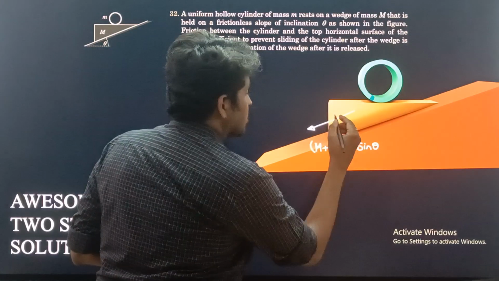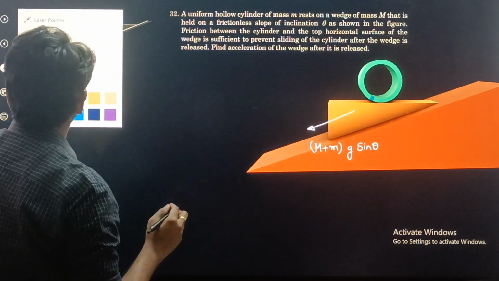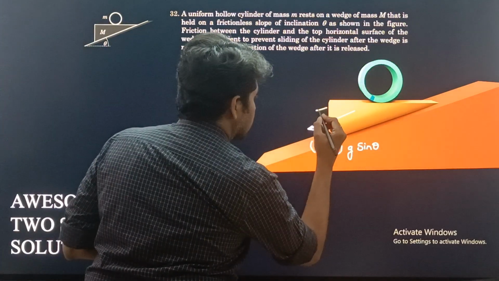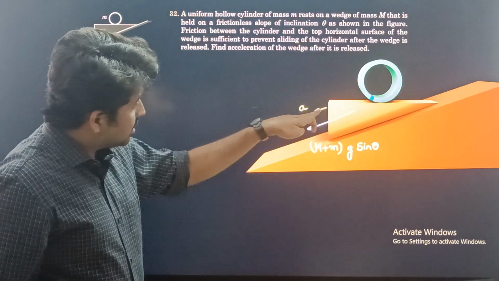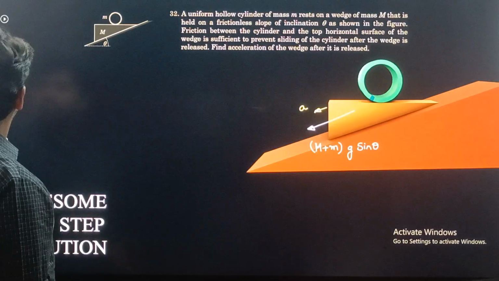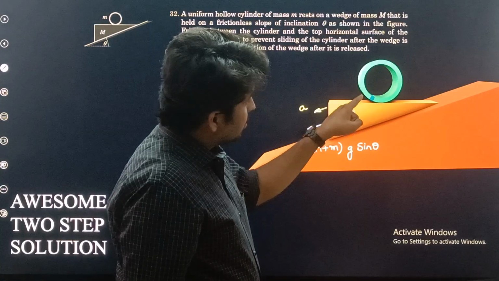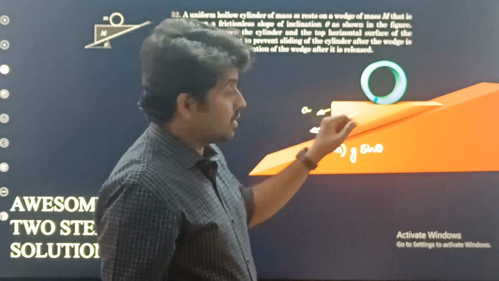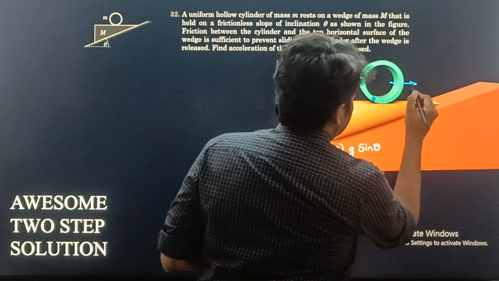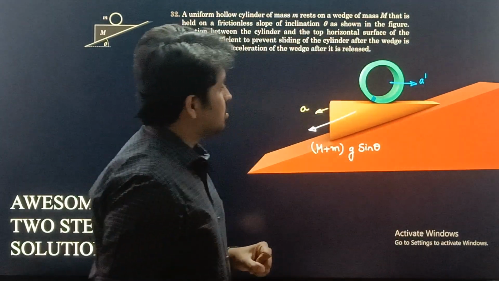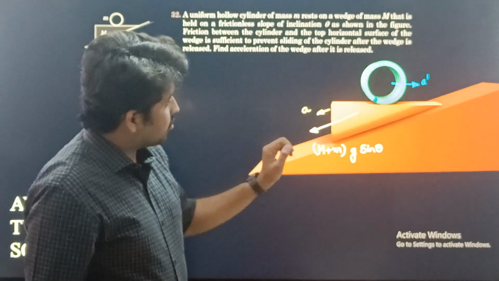Next, the acceleration of this wedge, let us take it as A downward. The acceleration of the cylinder with respect to the wedge is in this direction, and so we'll just write this as A dash in this direction. So for this whole system, I'm going to write the equation.